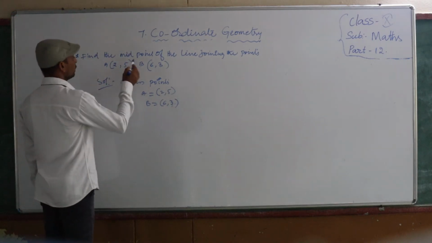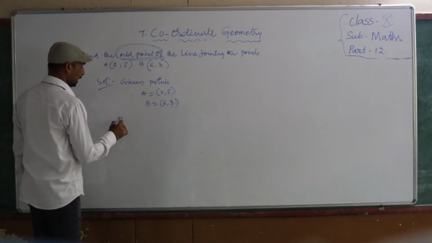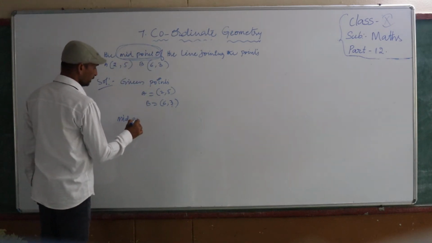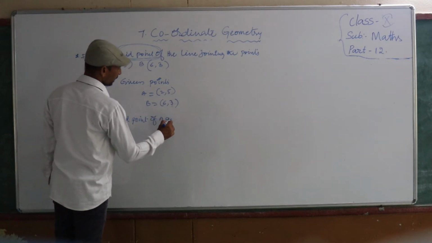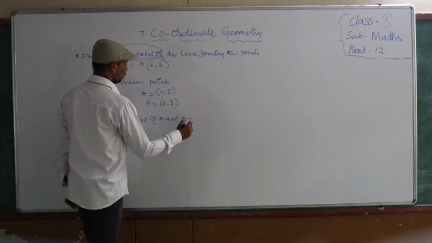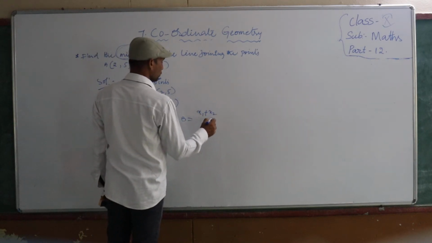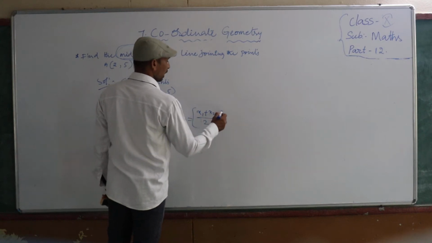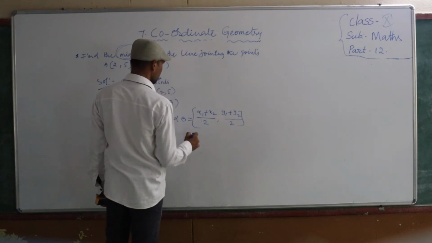So here what are we going to find out? The midpoint formula. Midpoint of A and B is equal to (x1 plus x2 by 2, y1 plus y2 by 2).